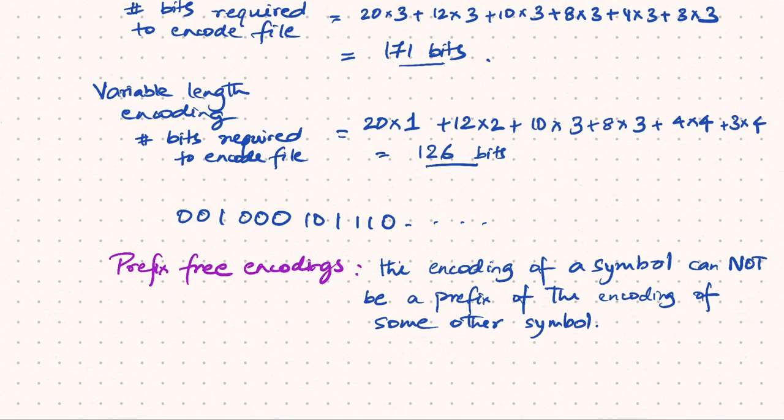We can be sure that by adding more bits to this encoding, we will not get the code of some other symbol. Because the codes are prefix free, our decoding now becomes unambiguous. All right, so we'd like our codes to be prefix free. So that is one thing.